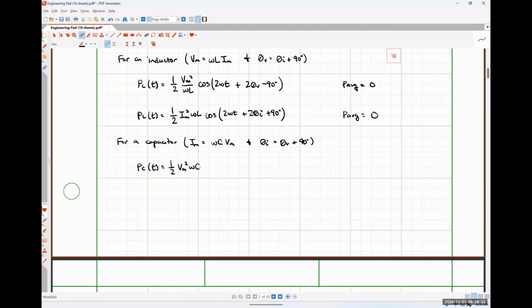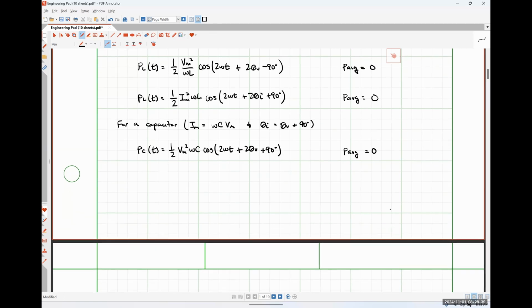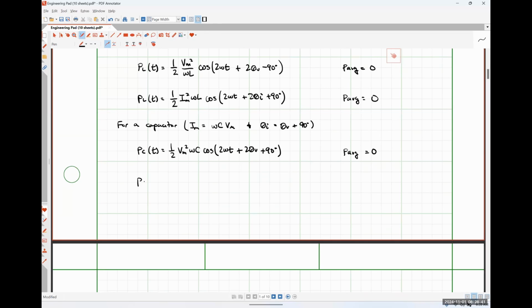Cosine of negative 90 is still just 0, so our average power is 0. And then we're going to have cosine of twice omega t plus twice theta V plus 90 degrees to finish up our voltage relationship. And then lastly, our current relationship.